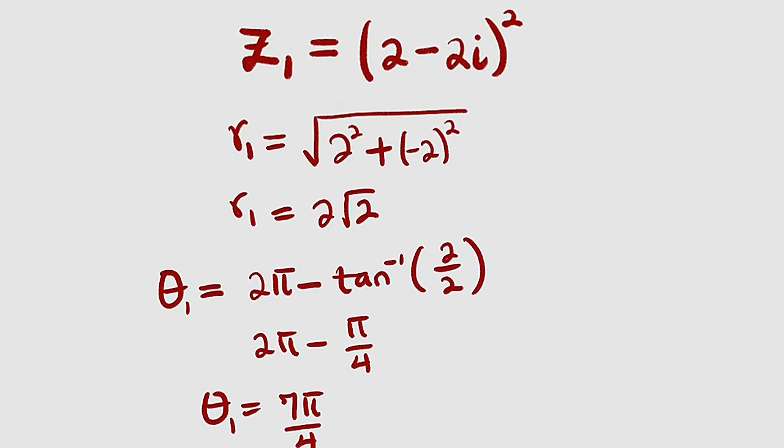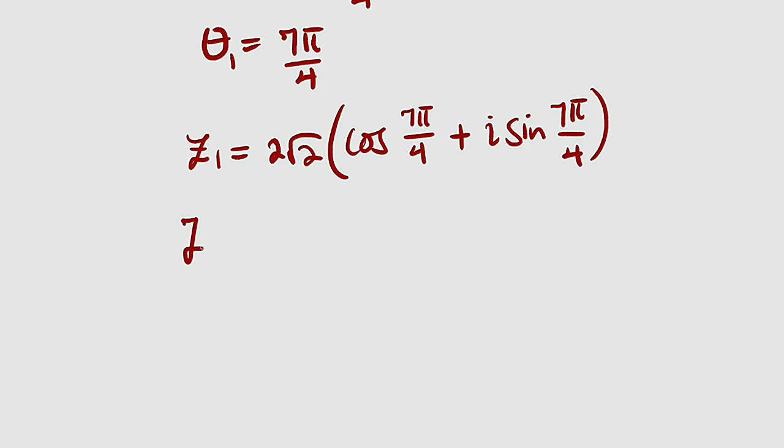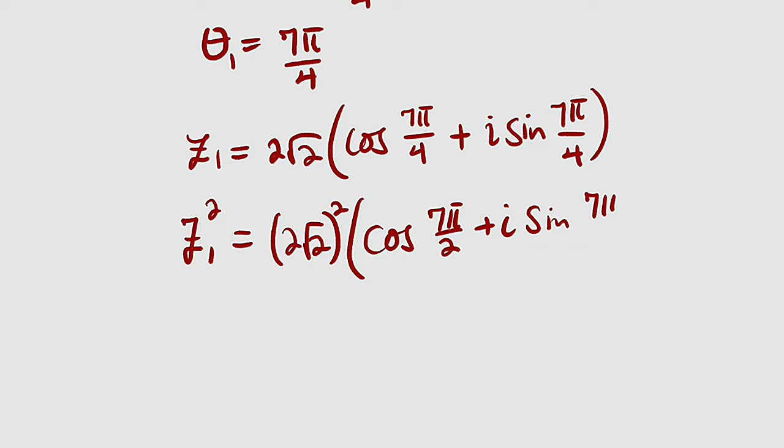But remember, our complex number is to the power of 2, so we are going to square this. z1 squared is equal to r squared, then multiplied by, you also have to multiply the angle by that power, which is 2. So we have cosine of what? 7 pi divided by 2. If you multiply it by 2, 2 will go into 4 2 times. Then plus i sine of 7 pi divided by 2.